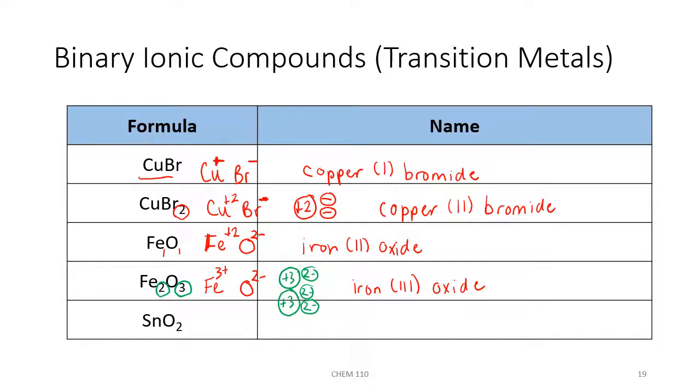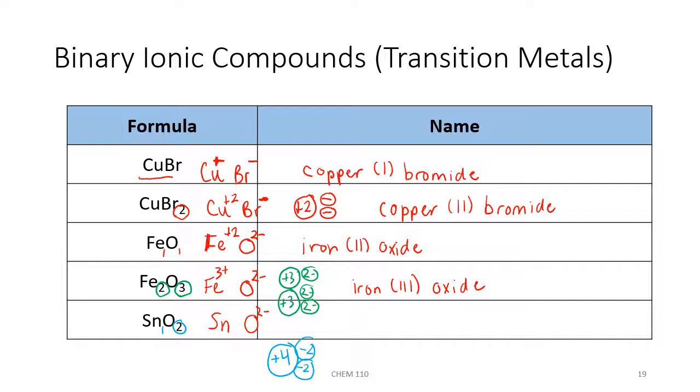SnO2 is tin and oxygen. So just as we saw before, oxygen is still going to be a -2. And we don't know right away what the charge on our tin atom is. If we start, we know we've got 2 oxygen atoms for every 1 tin. So we're going to have -2, -2. We only got 1 tin atom. So to make this neutral, the charge on our tin must be +4.